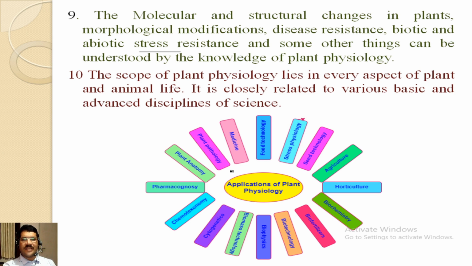All these are disciplines which have to take support and help from plant physiology, and then they become meaningful. So these are all the branches which have applications of plant physiology in them.